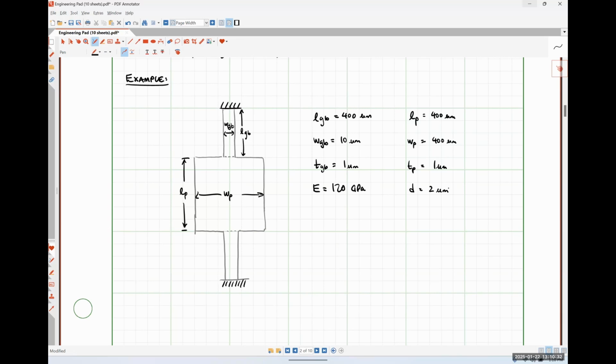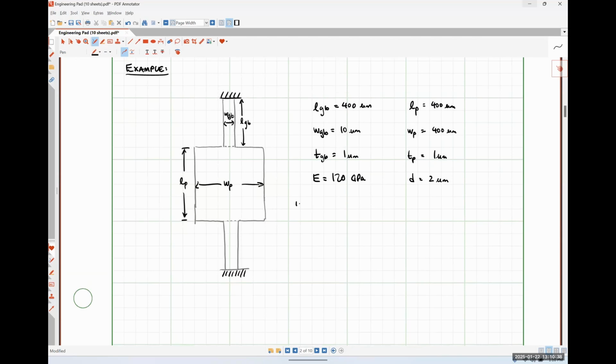is 2 microns. And I want us to determine the vertical displacement of the top plate for V equal to 0.4 volts and V equal to 0.2 volts.